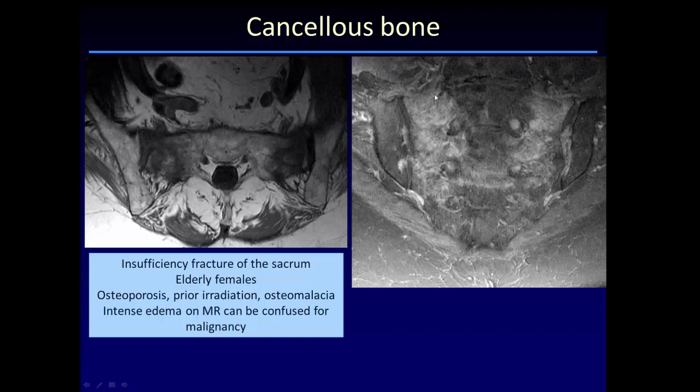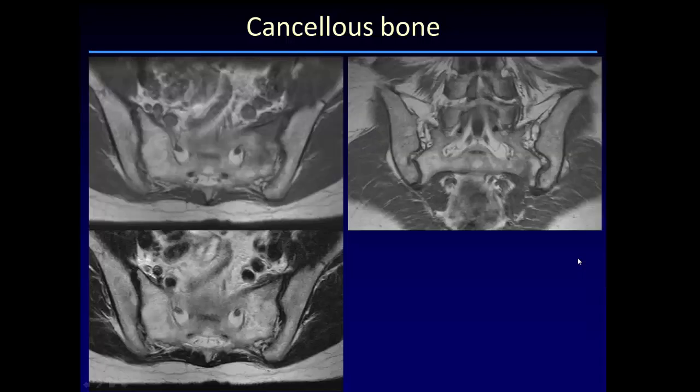Together, the sagittally oriented alar fractures and the more transverse or coronally oriented S2 segment will produce what is known as the H sign or the Honda sign, which is a hallmark of this particular type of fracture.